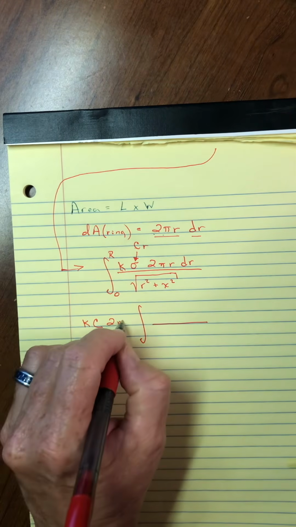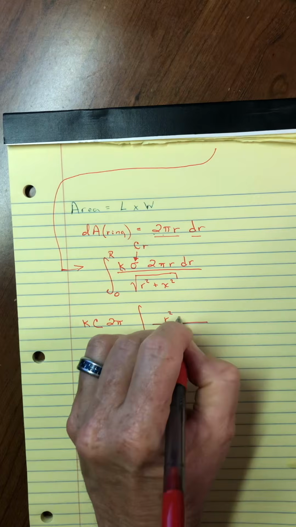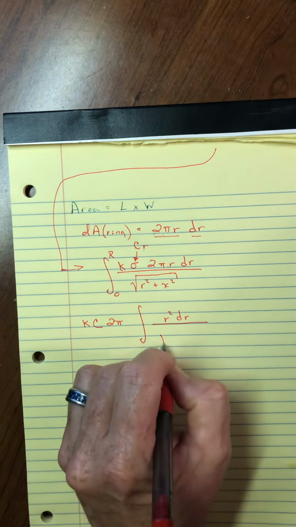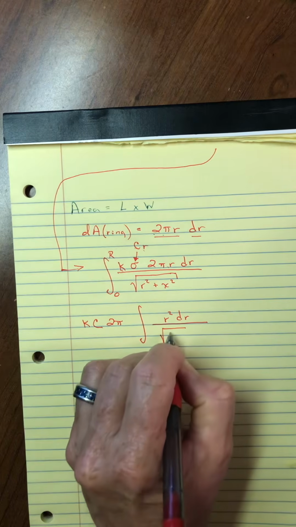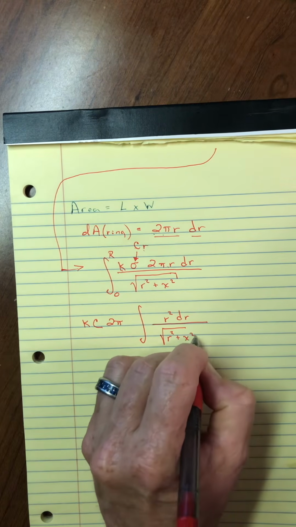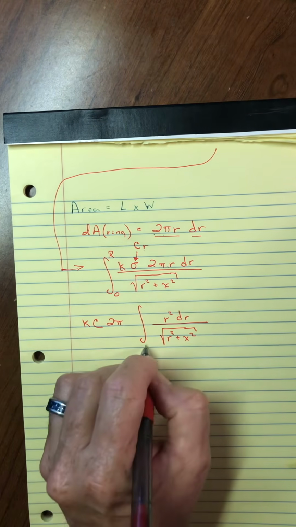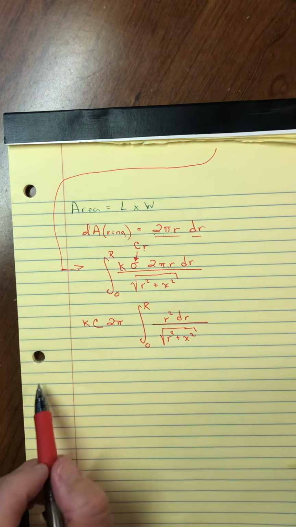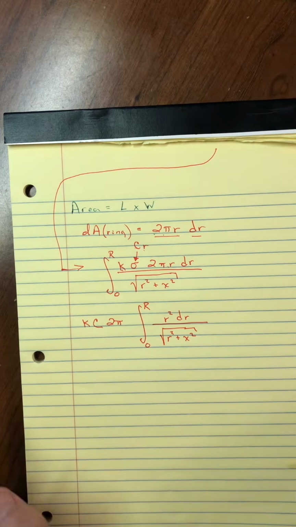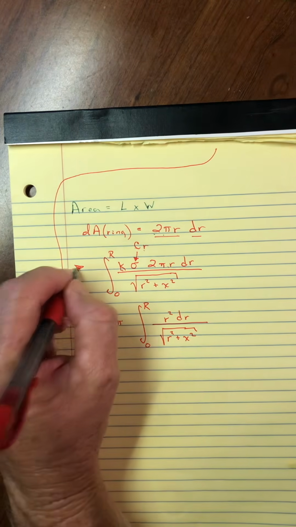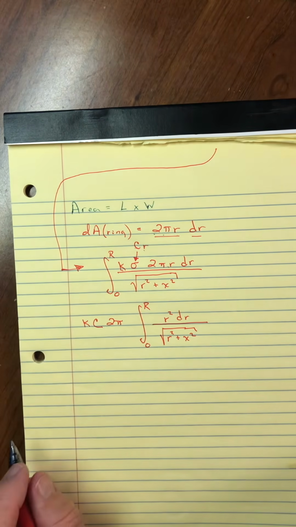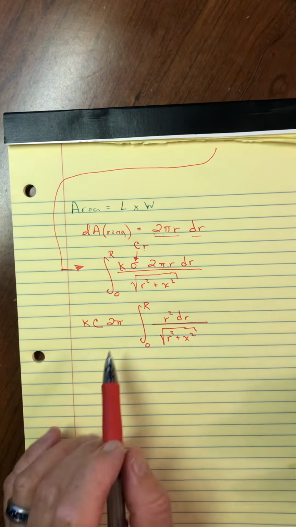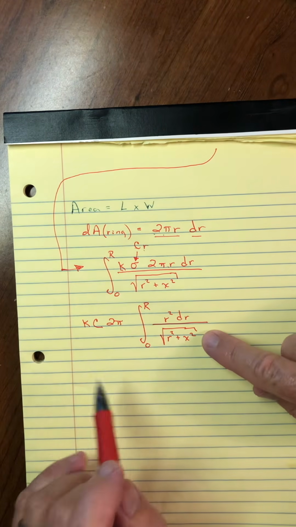The 2 pi can come out. But I get an r squared dr on the top. And downstairs I have the square root of r squared plus x squared. And we're going from 0 to capital R. And so that's our integration. So these are our limits. And that's why I was saying that this is a pretty hard integral.